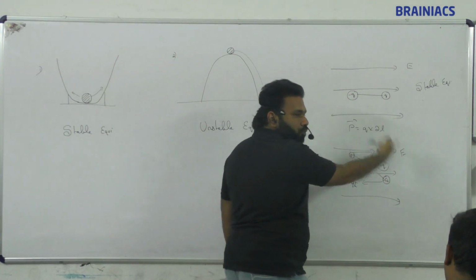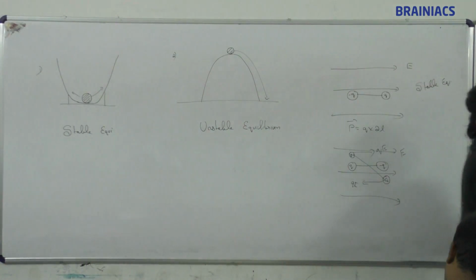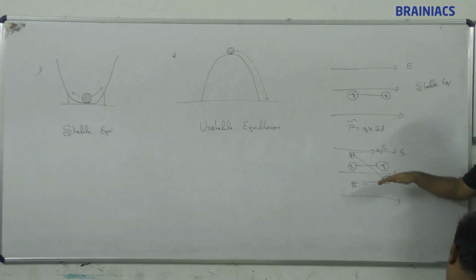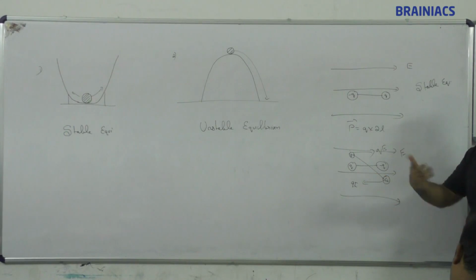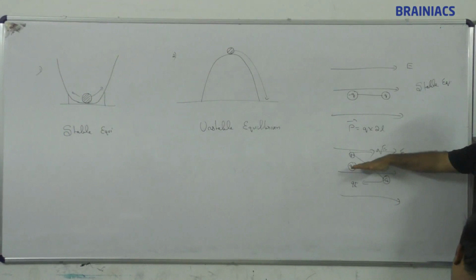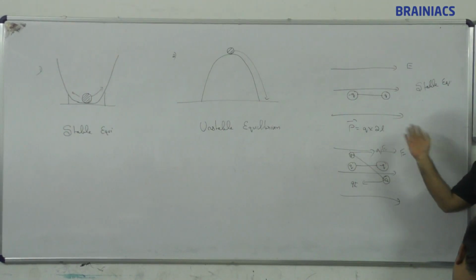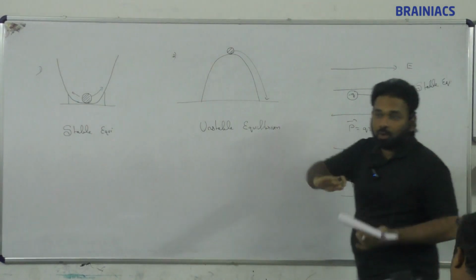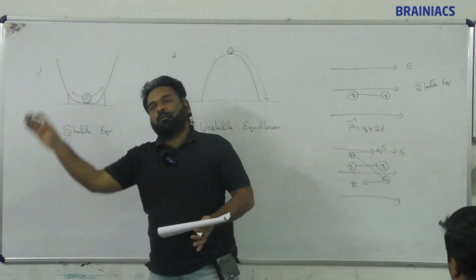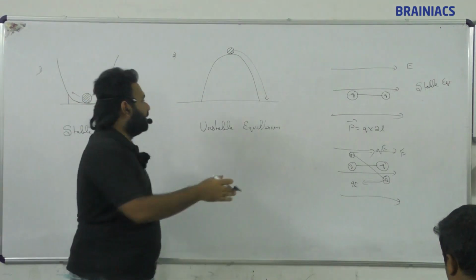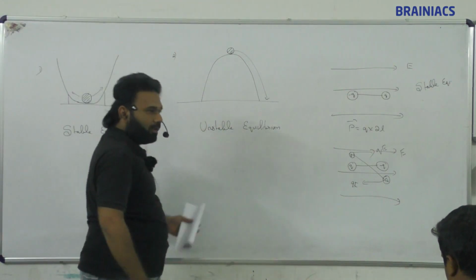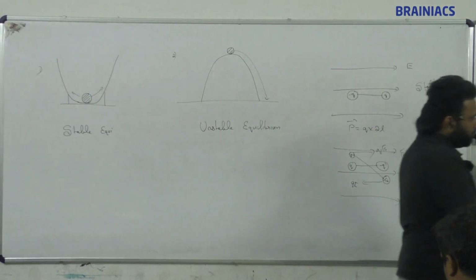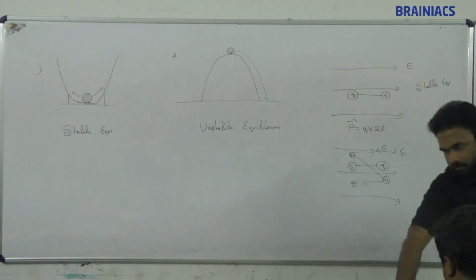It will come to the stable equilibrium position. With a slight displacement, everything turns. Torque will act and it will make a 180 degree turn. This is the example for unstable equilibrium. Clear?